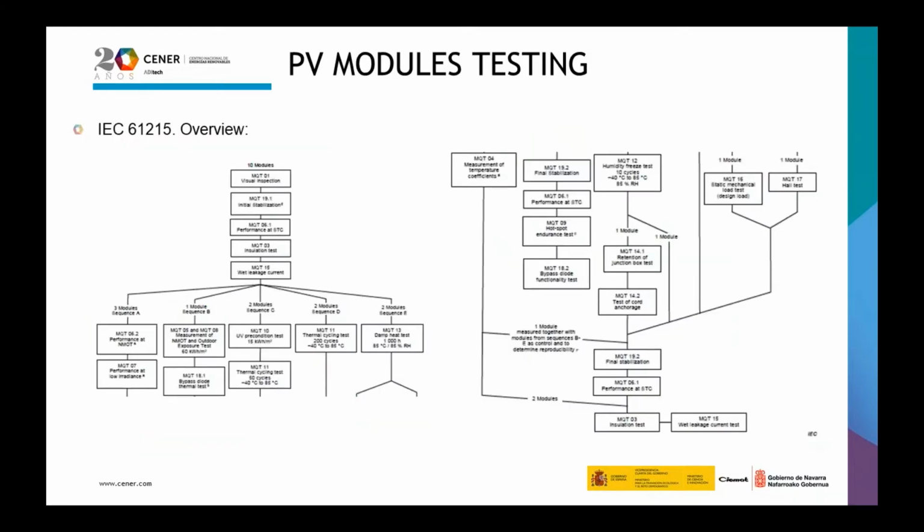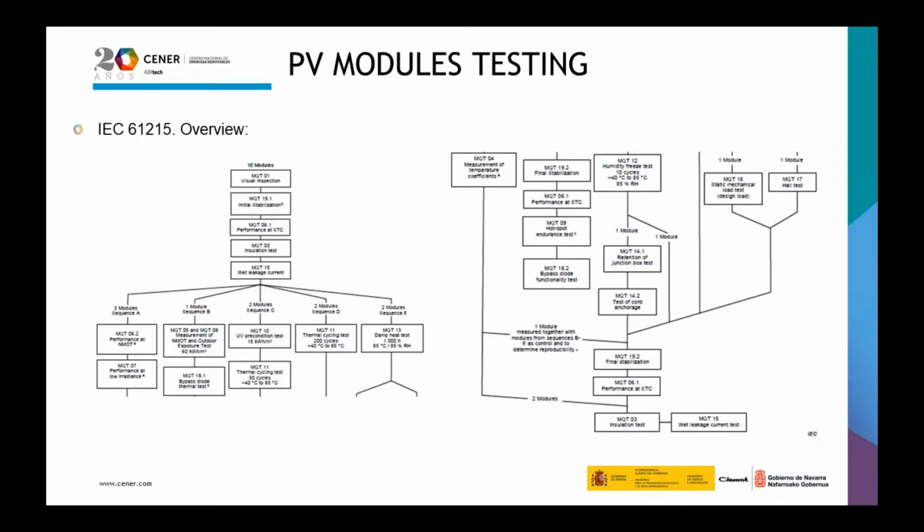Here in this slide, we can see an overview of the test sequences of the standard 61215. Here, 10 modules are inspected initially, and the initial diagnostic tests are performed.